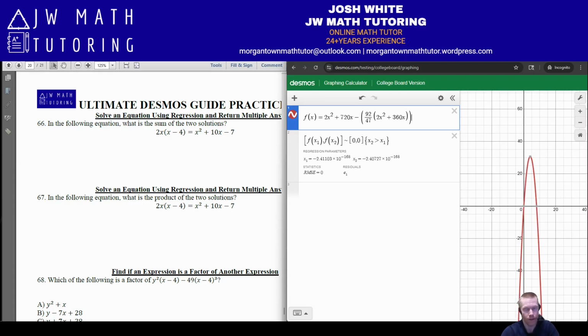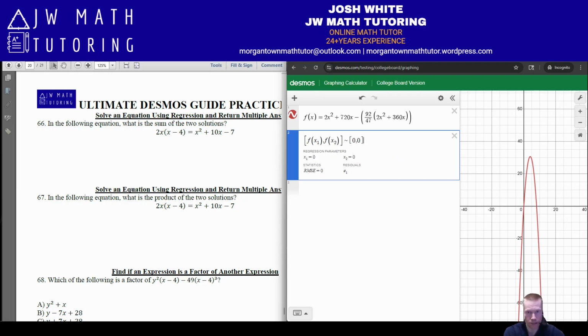Okay, so here we have an equation. I've done left side minus right side. Okay, and if you see on the graph, you can clearly see here there's two solutions. It's 0 and 8. That's what we would expect. So notice without the constraint, it just returns both of the ones as 0.